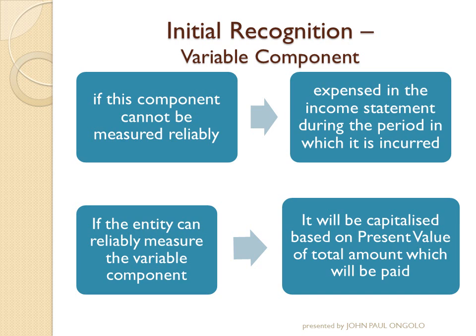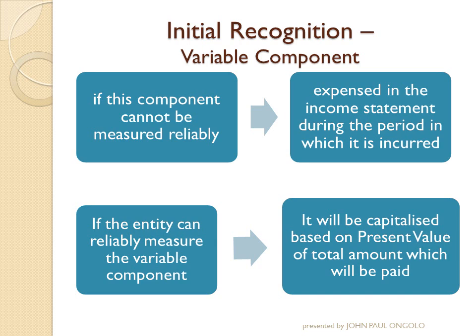If the variable component cannot be measured reliably, it will be expensed in the income statement in the period in which it is incurred. So if it cannot be measured reliably, you have to wait until it occurs and then you recognize it in the income statement in the period in which it occurred.